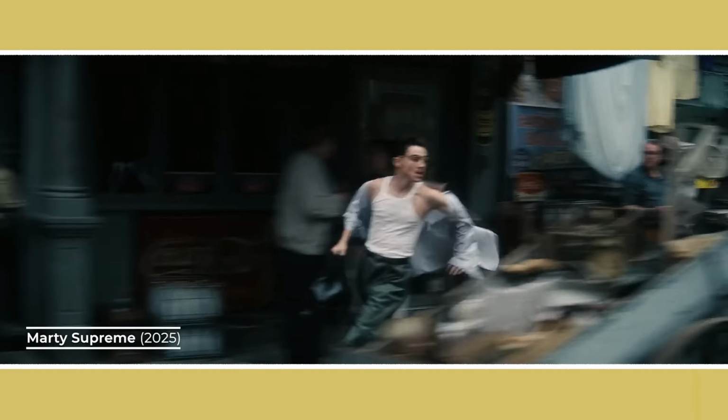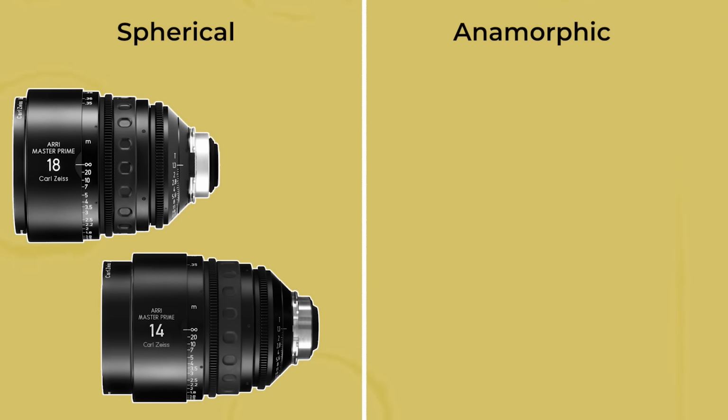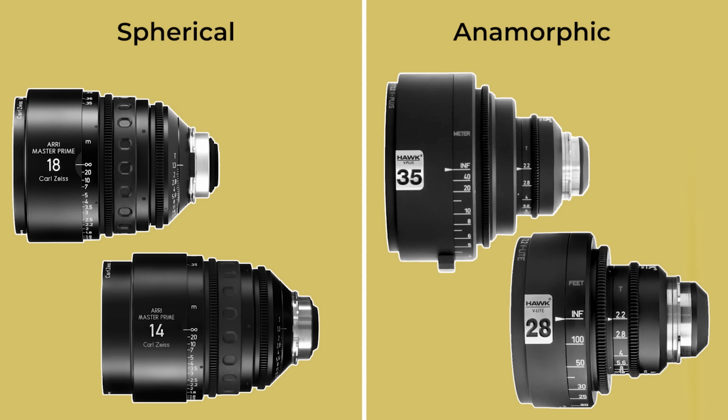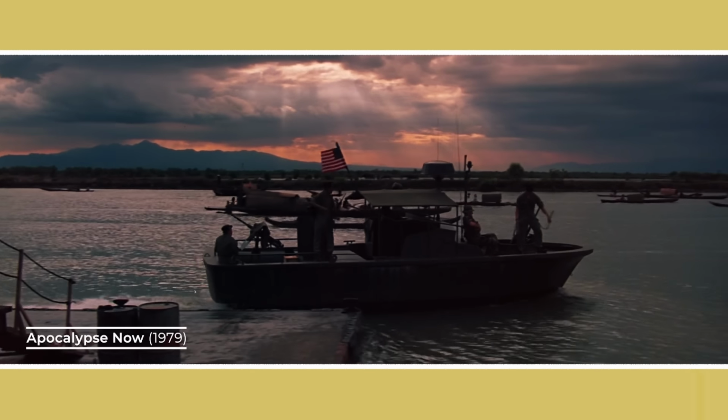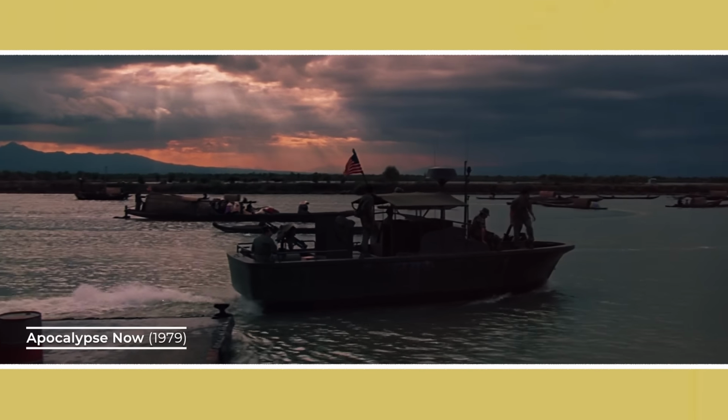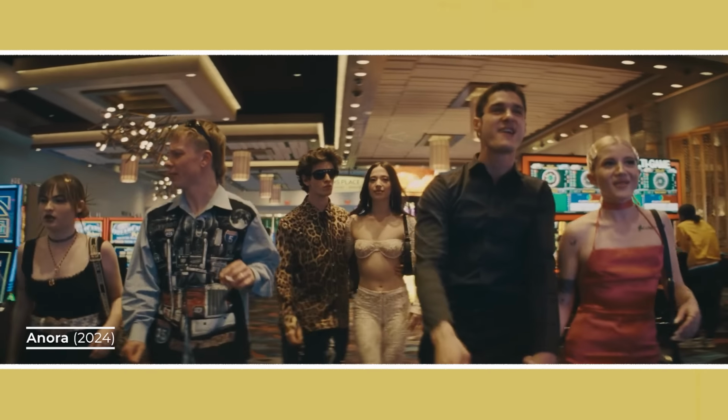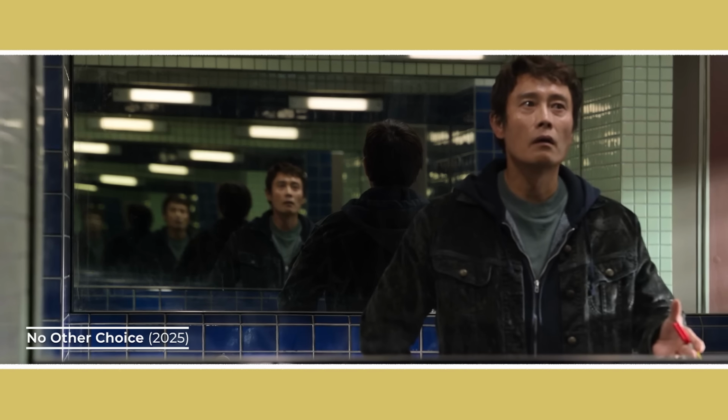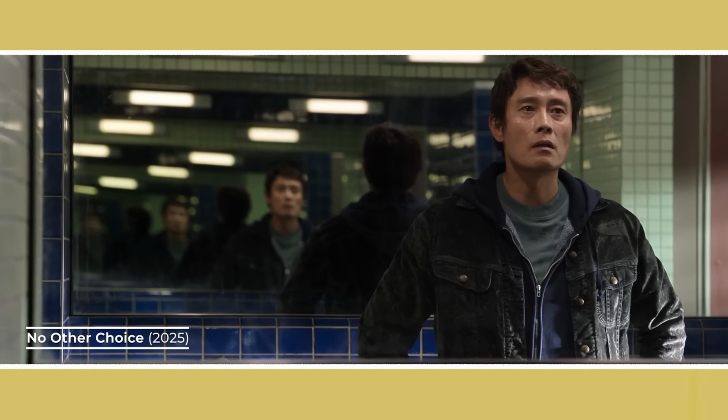Anamorphic focal lengths therefore tend not to go as wide as spherical primes. While spherical primes will often include 18mm lenses, anamorphic primes typically start around 28mm or 35mm. This is why anamorphic works so well for landscapes, group compositions, or scenes that benefit from using the entire width of the frame.